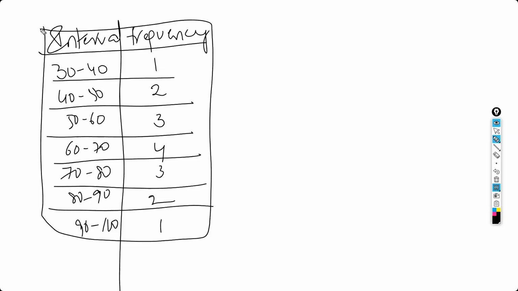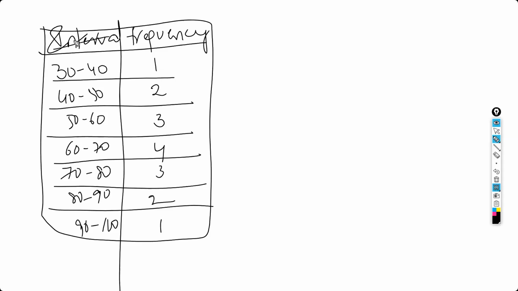What is the difference between the discrete frequency table versus continuous frequency table? What is the first column name you have used? Category. Here what is the name for the first column? Interval. Second column name? Frequency. Here also it is frequency.